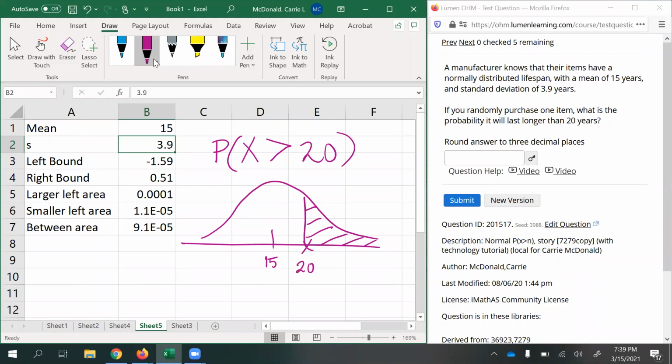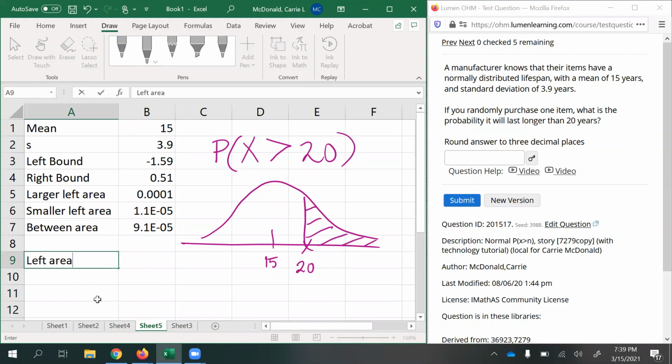Now, with Excel, it's very easy to simply use that as either boundary. You can set this up like we did before with the right area, left area.